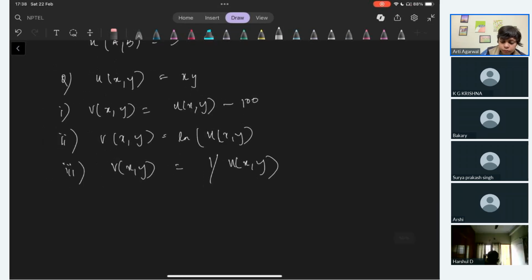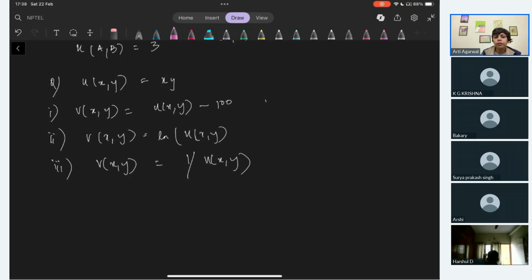Okay. So, like I was saying, in this particular situation, you've just subtracted the same constant number from the function. So for all values of that function, if you subtract the same number, then obviously you get the same ranking of consumption bundles, right? So this is fine. This is having the same ordering. Then we come to log of u, and we know that logarithm is a positive monotonic transformation.